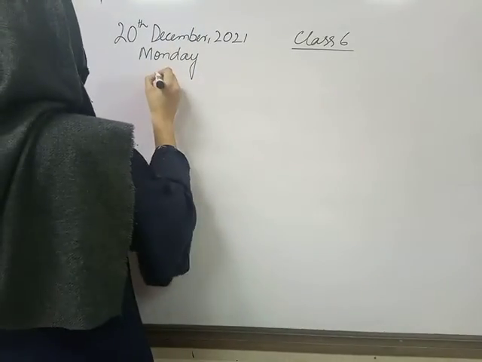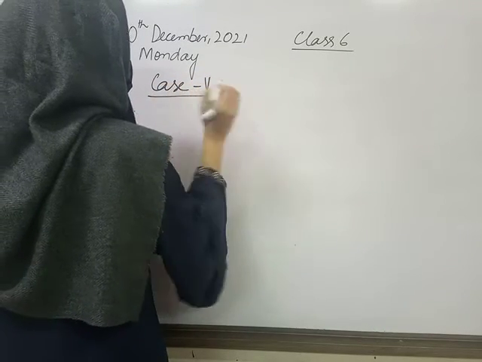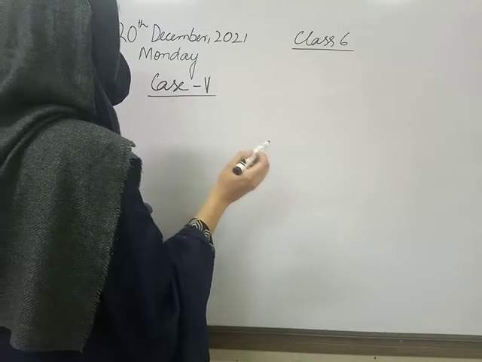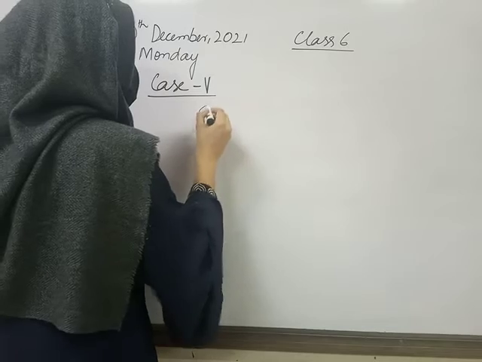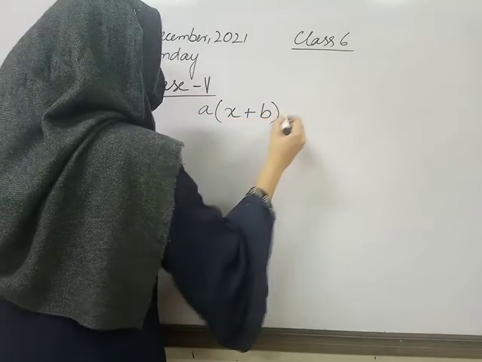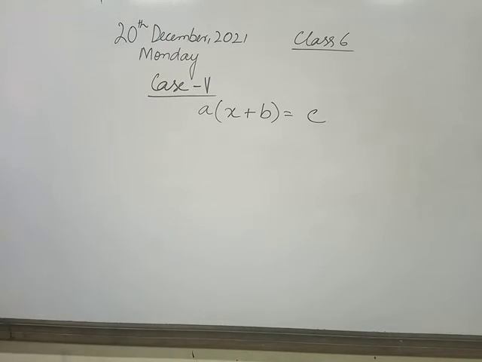In case number 5 class, we have the general form of a linear equation, which is a(x) plus b equals to c.